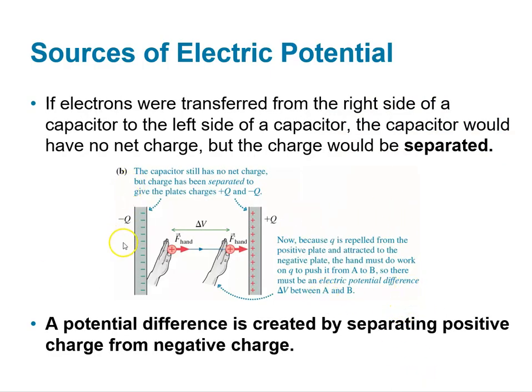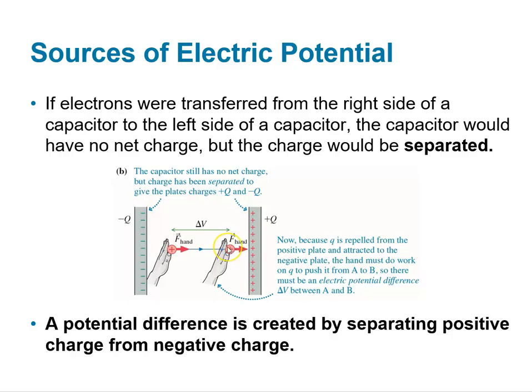Now, let's say you charged the capacitor, and so you had one side that was negative and one side that was positive. So now you have a separation of charge. And now if you want to move this charge from point A to point B, you're going to have to do work on it to get it from point A to point B. And if you have to do work on it, it's going to increase the potential energy.